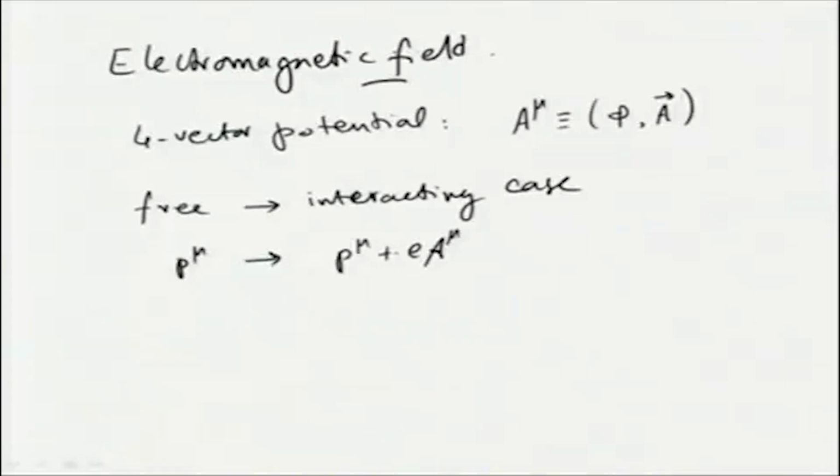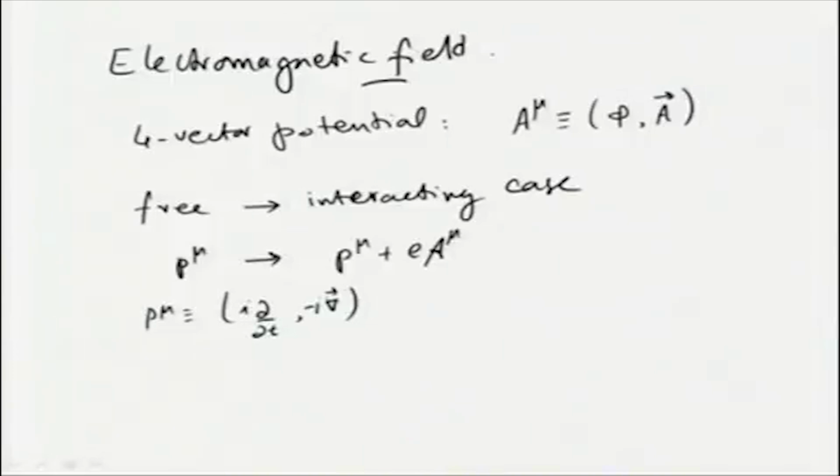Since we have p mu represented by the 4-vector derivative, del by del t and gradient, p mu will actually have a minus i gradient, where we have taken the unit of h cross equal to 1.